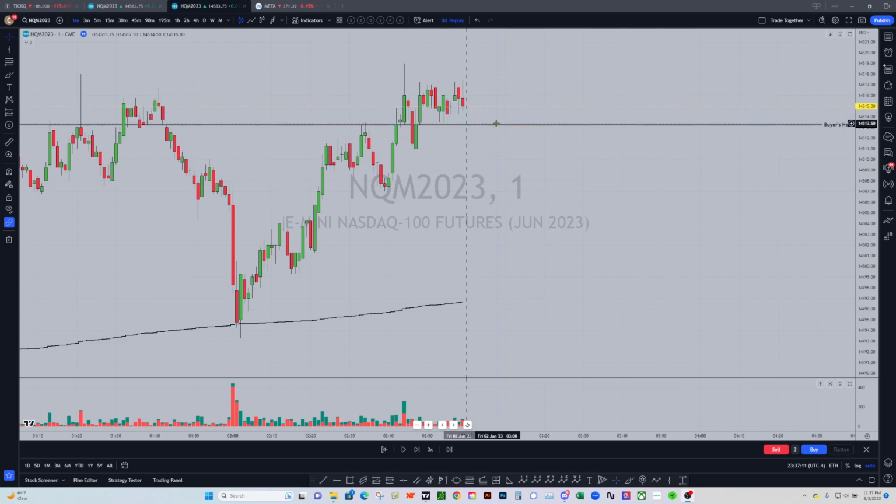So what I'm going to do here is pull up the NQ and go over market structure and then how I trade futures, specifically with NQ. A big fan of this particular ticker, as I've been trading this for a while. So I want to start with the London session.